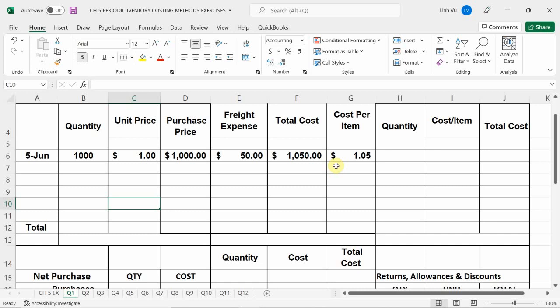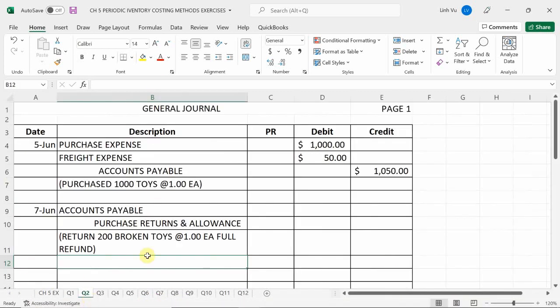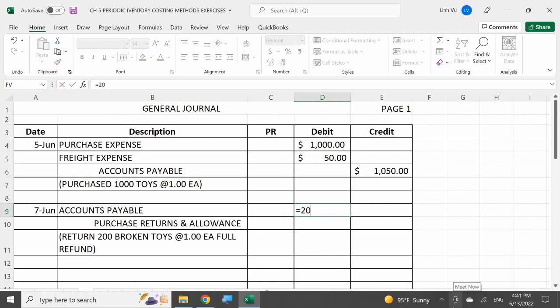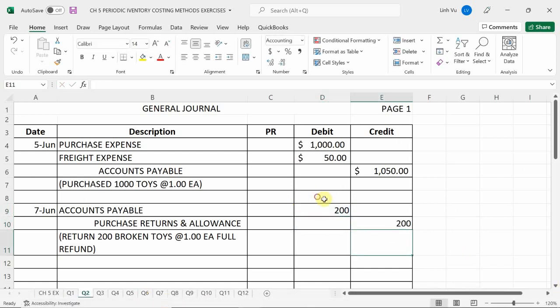You can't return or get a refund on shipping. So in this case, I actually purchased these items at $1 each. That's something I need to make a note of: I can only get the purchase price refunded. So 200 items at $1 each is going to give me a total of $200.